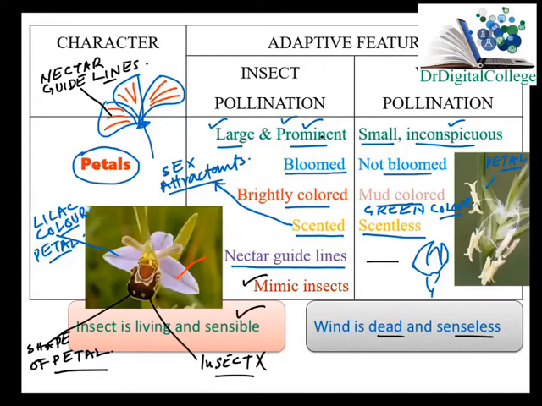All these large size, prominent, bloomed, brightly colored, scented, nectar guidelines, mimicries, all these are the attractions for a living and sensible pollinator. So insects are the living and the sensible ones. That's why all these attractions are there. Hope this is clear to you, how petals of insect and wind pollinating flowers are adapted for it.